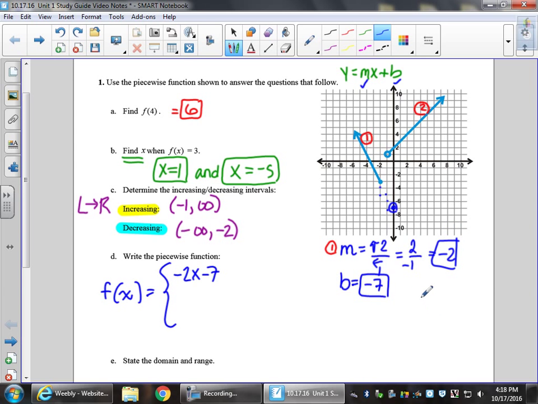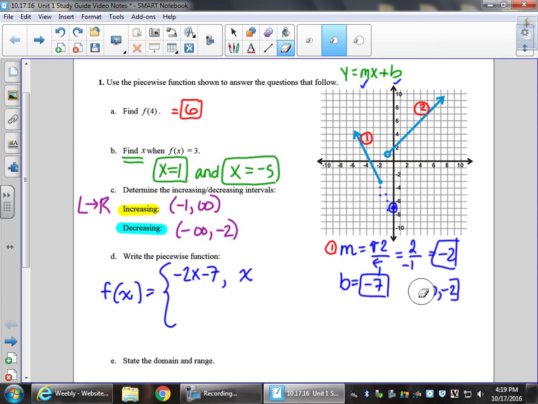Now we need to talk about the domain of this piece. So some of us are very comfortable with interval notation, which is great. So if I, for example, asked you on what interval is this decreasing, I know you would tell me negative infinity to negative 2. But that is not how we write our restrictions. I need x and then some connection to an inequality.